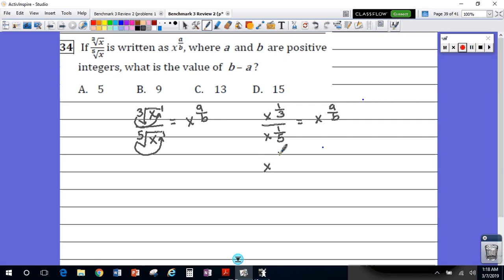So when the bases are same in the division, we subtract the exponents. 1 over 3 minus 1 over 5 equals x to the exponent a over b. So this is x to the exponent, and you have different denominators. Multiply the denominators, 15, cross multiply it, that is 5 minus 3.